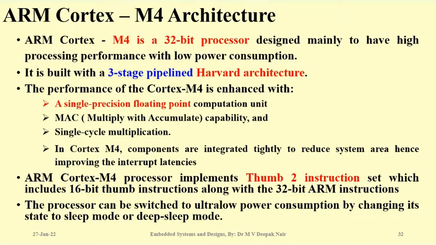The processor can be switched to ultra low power mode. We will come to what ultra low power mode is, and it can be pushed into deep sleep mode. It is not only supporting sleep mode, but it also supports deep sleep mode. What does that mean? When I push the system to sleep mode or deep sleep mode, how much power can I save?